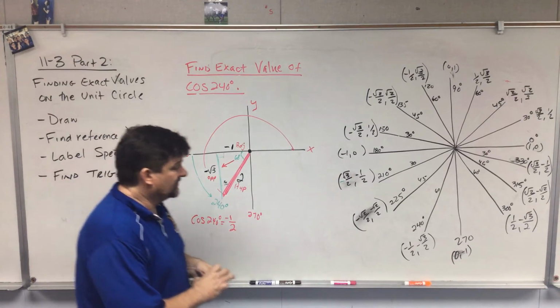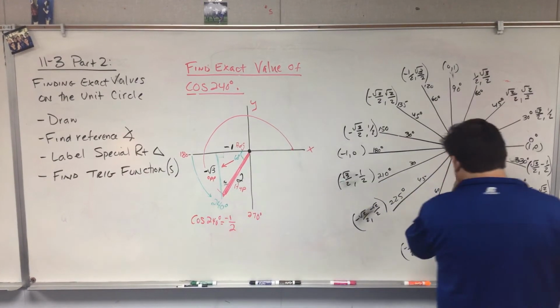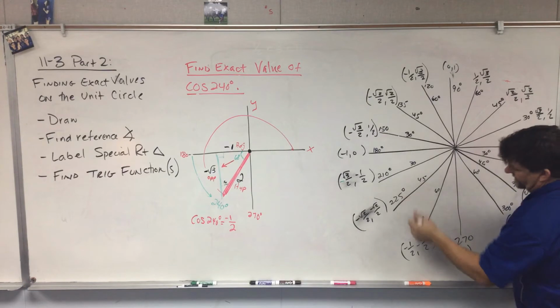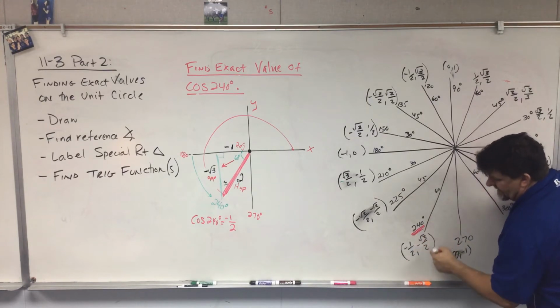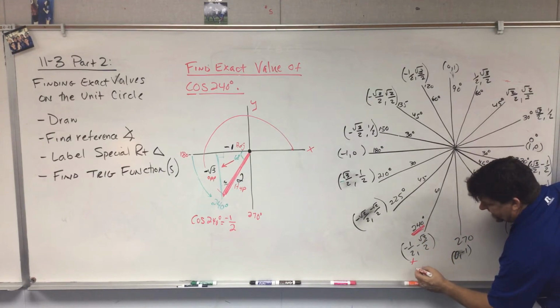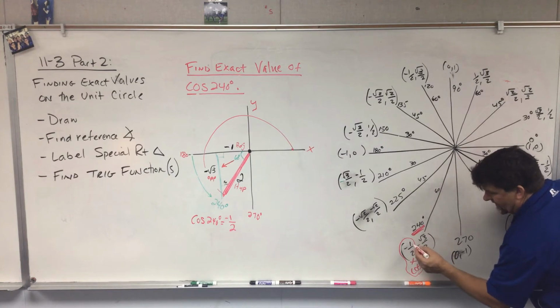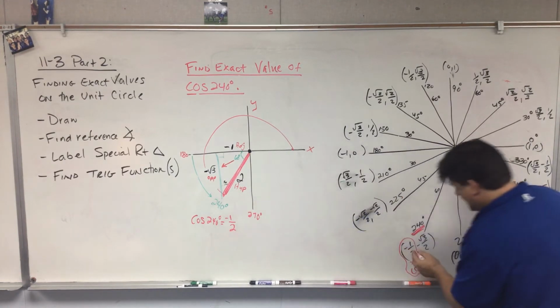Now, I'm going to lead you over to the unit circle. I go all the way around to 240 degrees. I look at my x value, because my x value is cosine. What does that say? The cosine of 240 degrees is -1/2. They're the same thing.